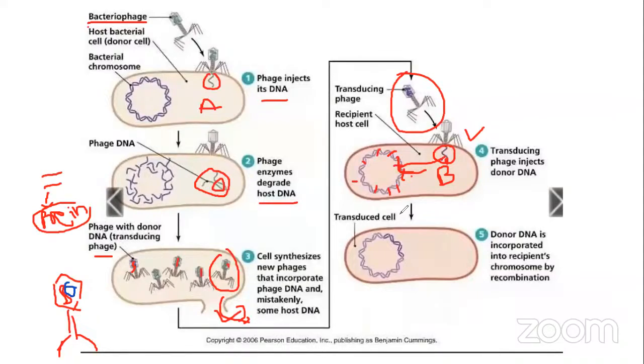Simple, don't get confused here. First of all, this is the bacteria genome. After the virus genome enters, actually what happens? This virus genome disintegrates. Disintegrate means when it is attached to the bacterial DNA, automatically it breaks into pieces. Now a bit of the phage DNA mixes with the host bacterial DNA.